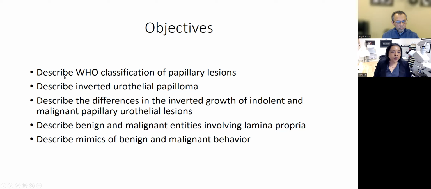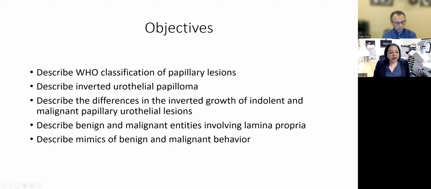So I will describe the WHO classification of papillary lesions in short. Then we will go into the details of inverted urothelial papilloma, and this will set the foundation for us to understand the differences between inverted growth of indolent entities as well as malignant and overtly aggressive entities in the urothelium.